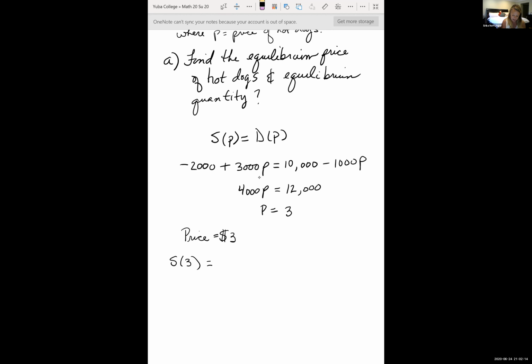So S of 3, that would be negative 2,000 plus 3,000 times P, which is 3. So we have S of 3 is equal to negative 2,000 plus 9,000, which is 7,000 hot dogs.